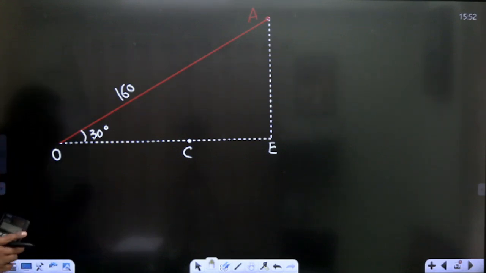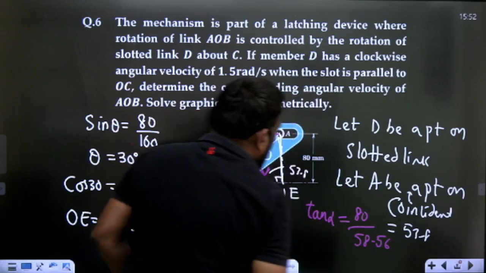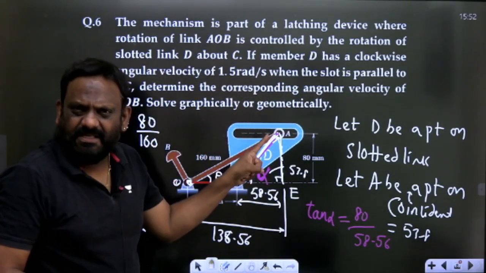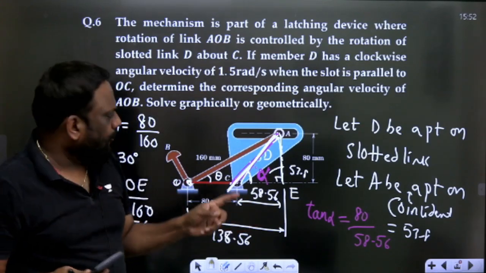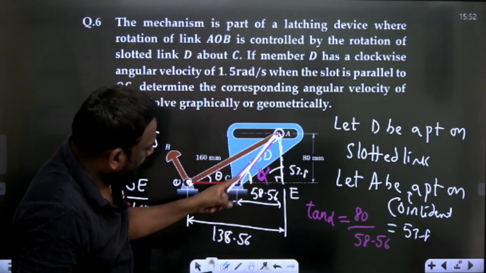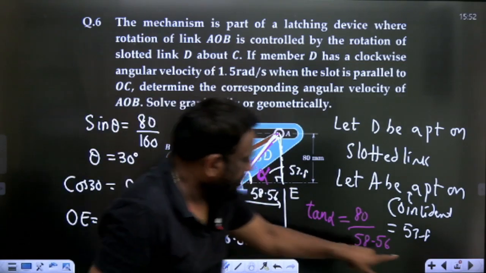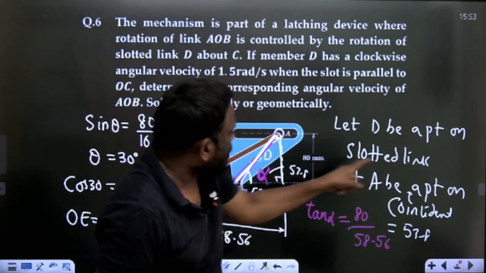Okay sir. Now from here there is a slotted link. Look, now what I do is I represent this complete slotted link as a line, because the link can be represented by any shape. So this green and blue slotted link, from C to here, let's go to D. So why am I saying D? Because D is a point on the slotted link.